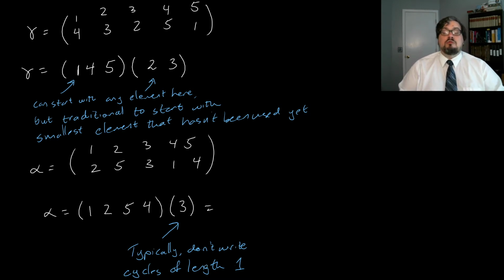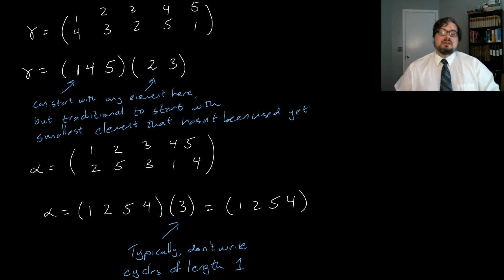So, it's not wrong to write the cycles of length 1, but almost always we would write this alpha as just the cycle 1, 2, 5, 4, and then implicit in this notation is that anything that's not written in a cycle just gets sent back to itself. That alpha just sends one of these elements to itself. Any one of those elements to itself.